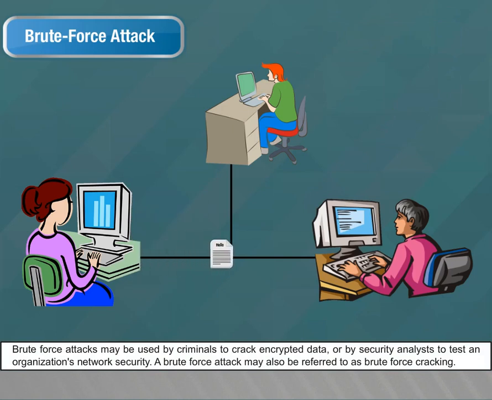Brute force attacks may be used by criminals to crack encrypted data or by security analysts to test an organization's network security. A brute force attack may also be referred to as brute force cracking.